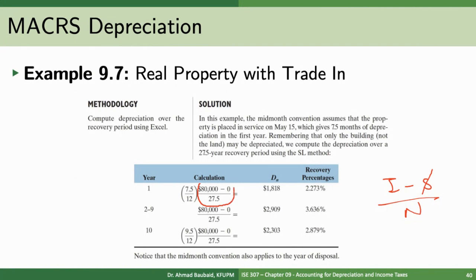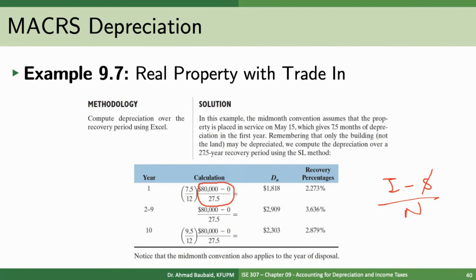So this fraction should be clear. But then I need to address the mid-month convention. In the first year, this guy bought the building on May 15th. So he owned the building in that year for 7.5 over 12 of the year, 7.5 months out of 12 months. If you start from May 15th, you compute the number of months, it will be 7.5.